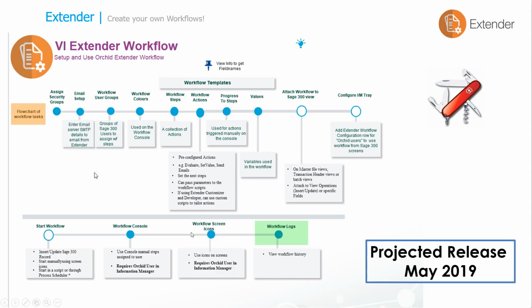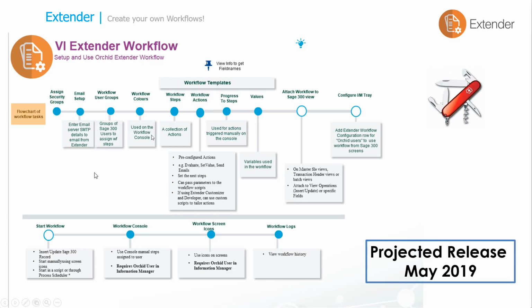To achieve that, we've got a configuration just at the top there where we start with a flowchart of the tasks that we want in that workflow. Do some general configuration like extender security groups, setting up some email templates, creating some groups of users who can approve early orders, purchase orders, AR customers, set up some workflow colors that are used on the workflow console.